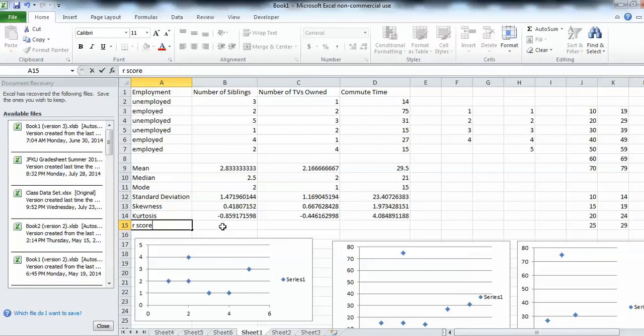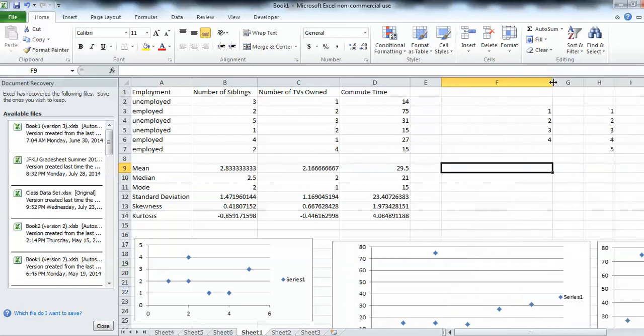Now this is actually, I can't actually easily do it this way because each R-score doesn't go with one column of data, it goes with 2 columns. So what I should actually do is maybe over here I could make this wider.